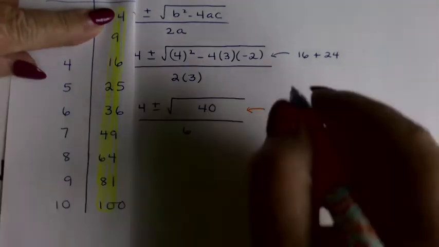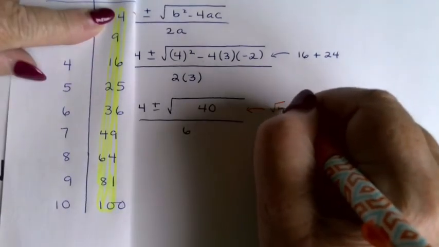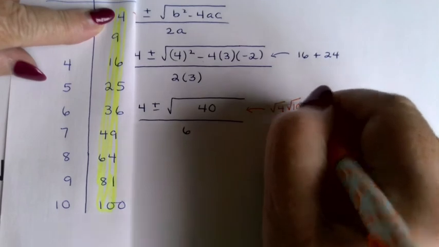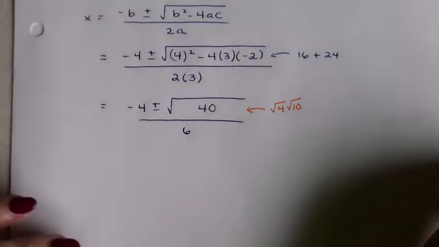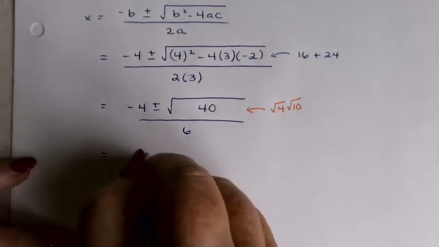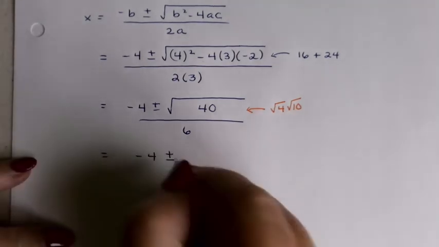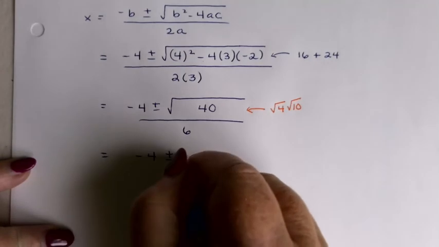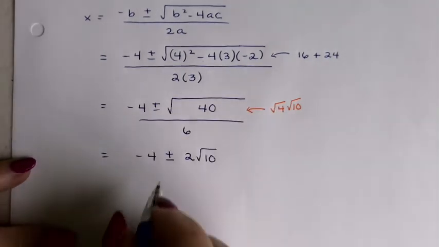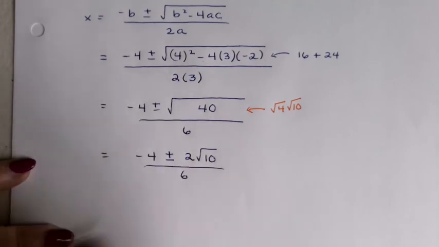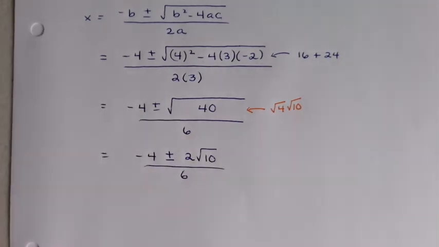So I'm just going to think square root 4, square root 10. So I've got -4 plus or minus the square root of 4 is 2 times the square root of 10 divided by 6.